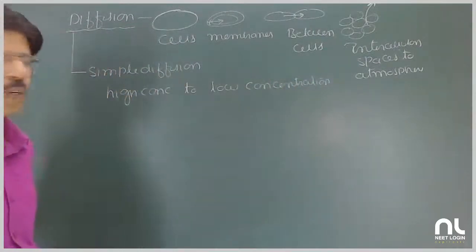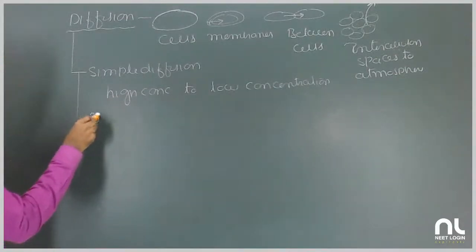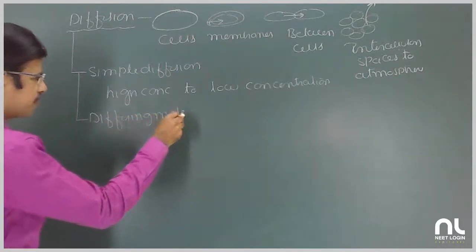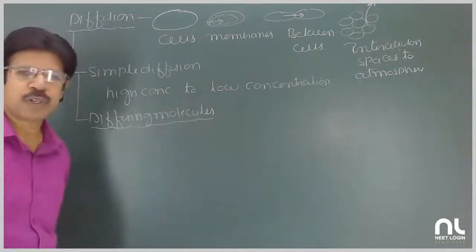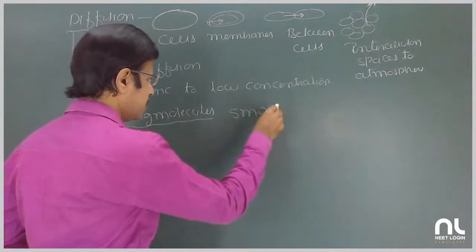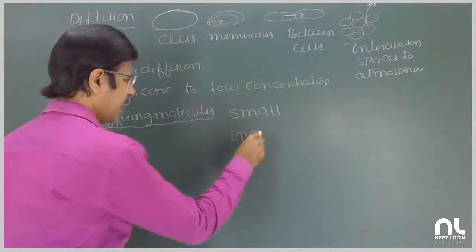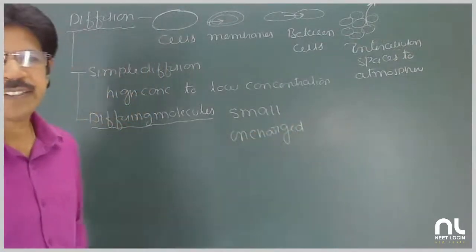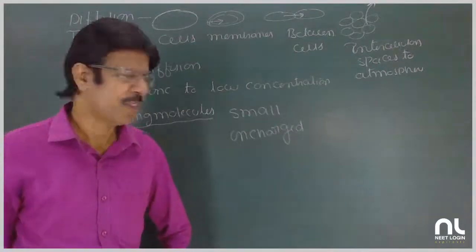The diffusing molecules should be small and uncharged, because they have to cross the membrane of the cell.